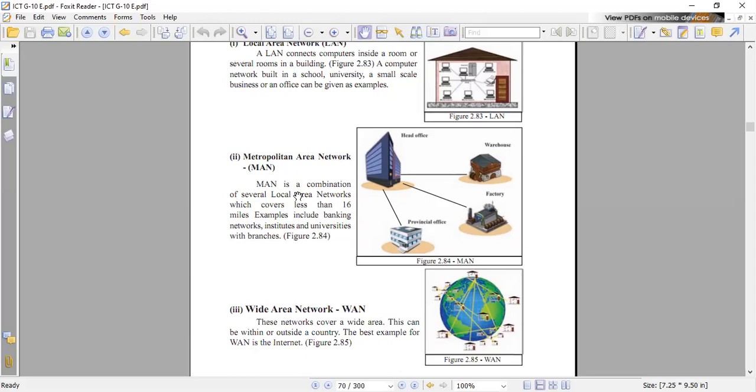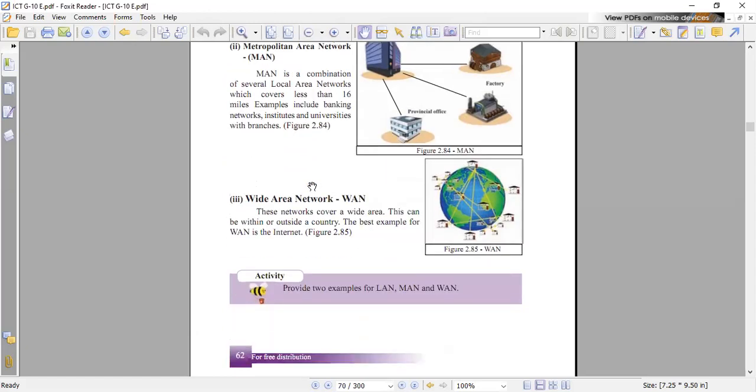Banking networks with their branches can be connected through metropolitan area network. MAN, can be connected through MAN.